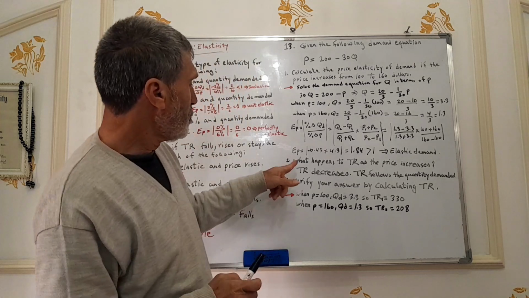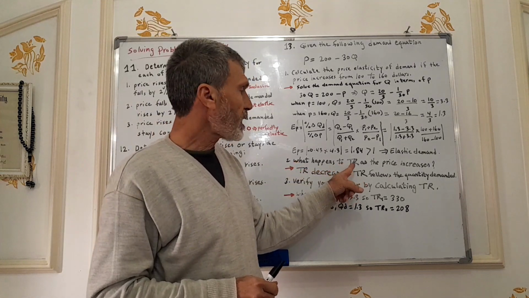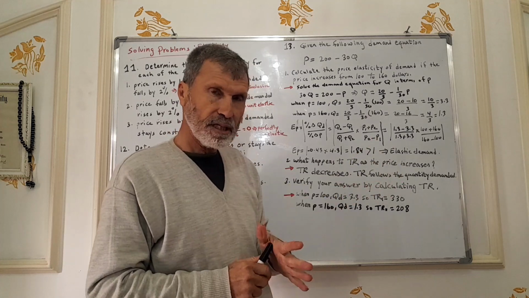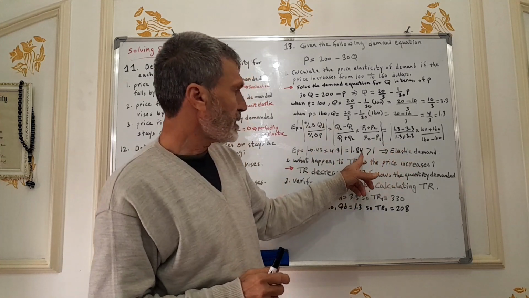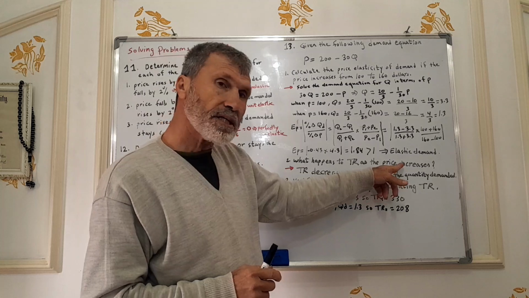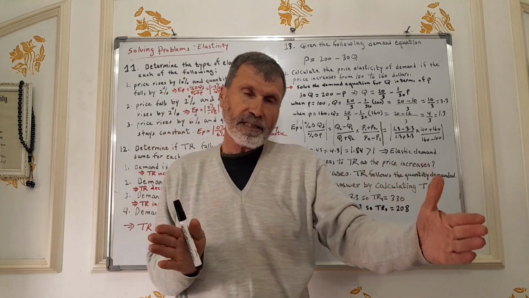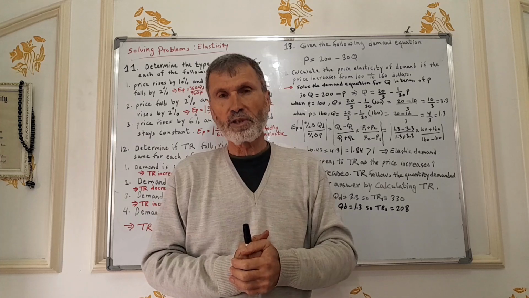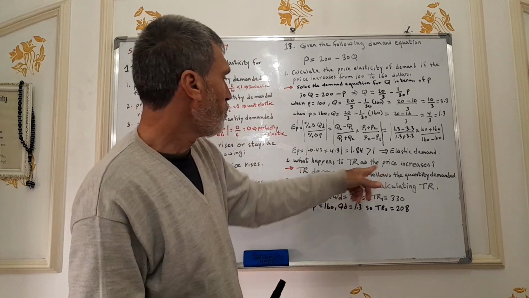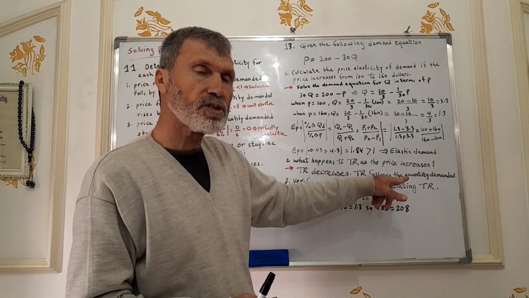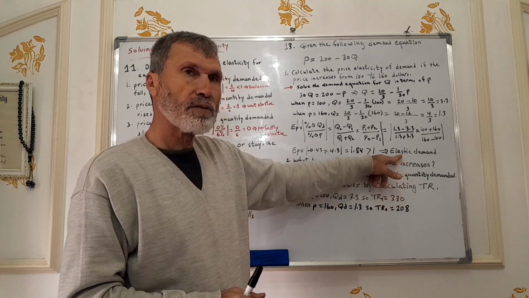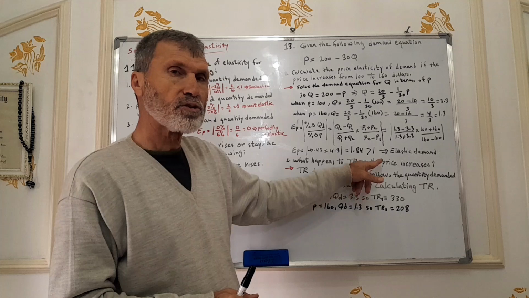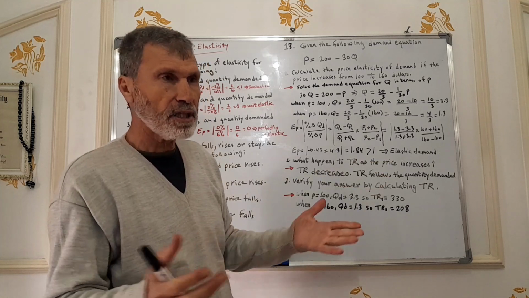Now, what happens to total revenue, TR, as the price increases? Since we know that demand is elastic, when the price increases, total revenue will decrease, because total revenue follows the quantity demanded. When the price increases, quantity demanded will fall. Therefore, total revenue will fall, that is, it will decrease.